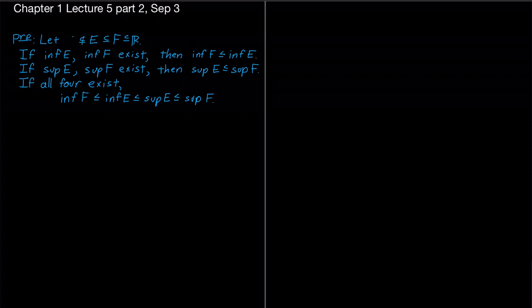Let's go ahead and specify that none of these are empty sets, because the upper bounds and lower bounds for the empty set are just weird, so let's not go there. So now I want to talk to you a little bit about whether infima and suprema, whether least upper bounds and greatest lower bounds actually exist.